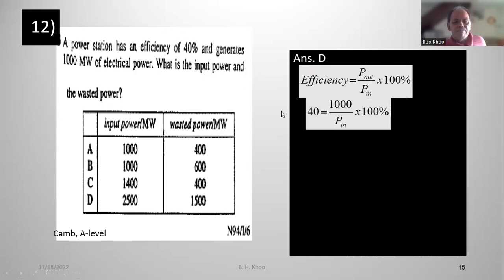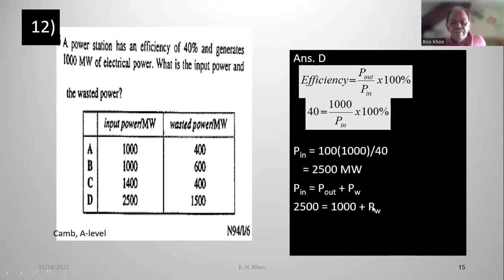You're given 40%, the output is 1000, so put your 40 down and the input is 2500. Wasted power, by conservation of energy, is 2500 minus 1000. So that's why you get your answer, D.